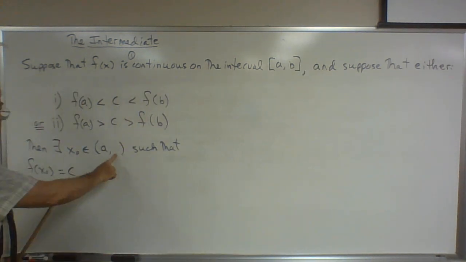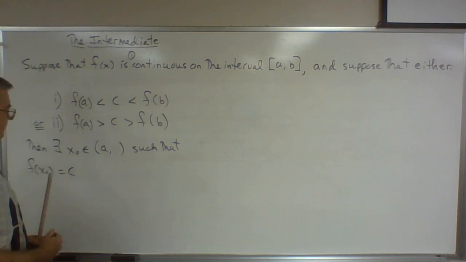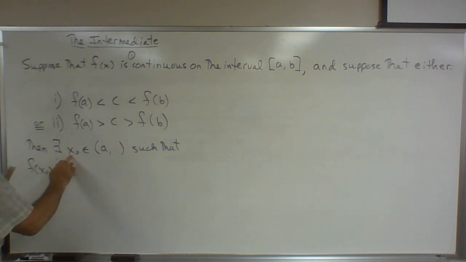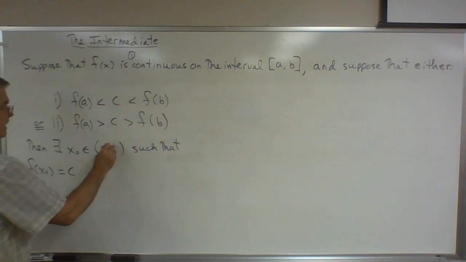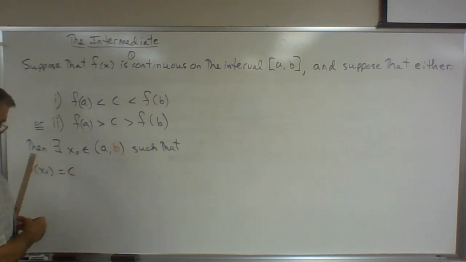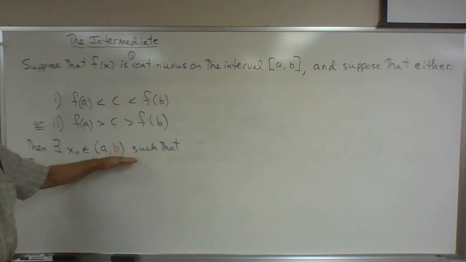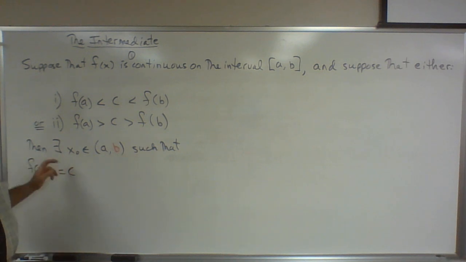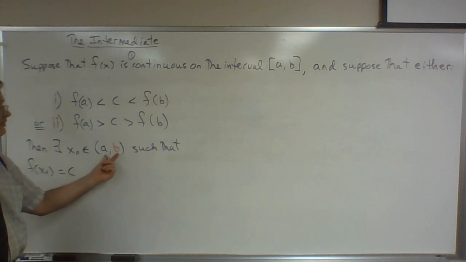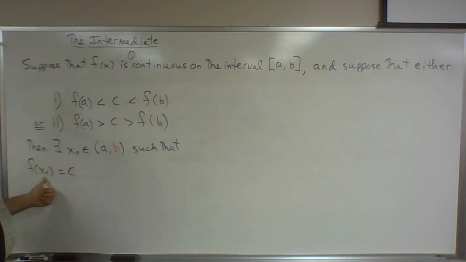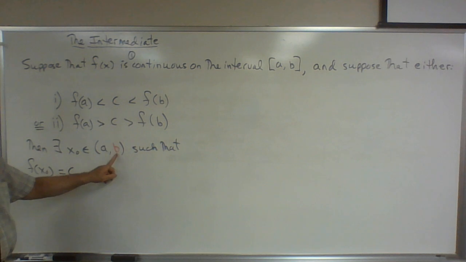I had c written here. Please correct it. There exists an x naught in the interval [a, b], such that f of x naught equals c. So in the previous part of our lecture where I said there exists an x naught in the interval [a, c] such that f of x naught equals c, please change the c here to a b. This should have been b.